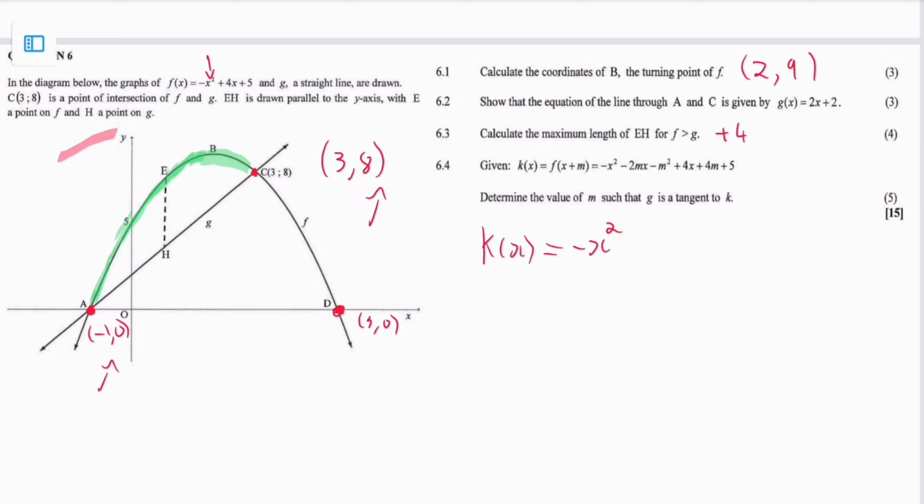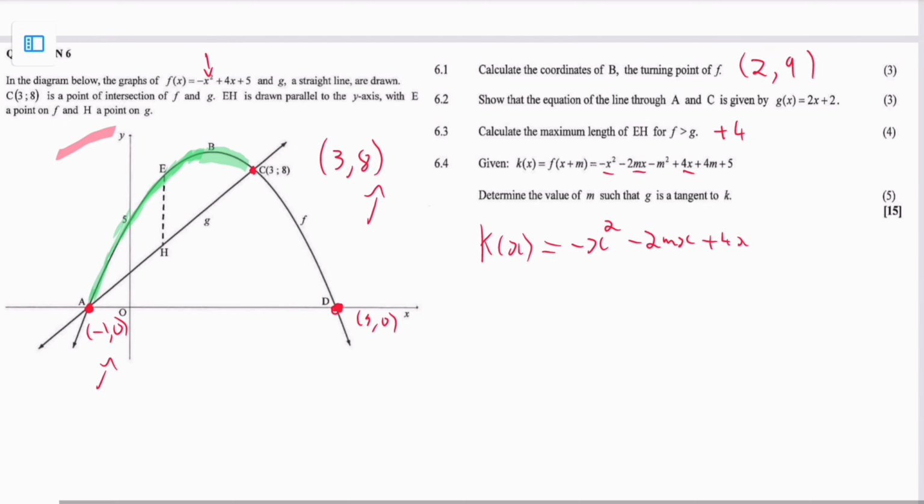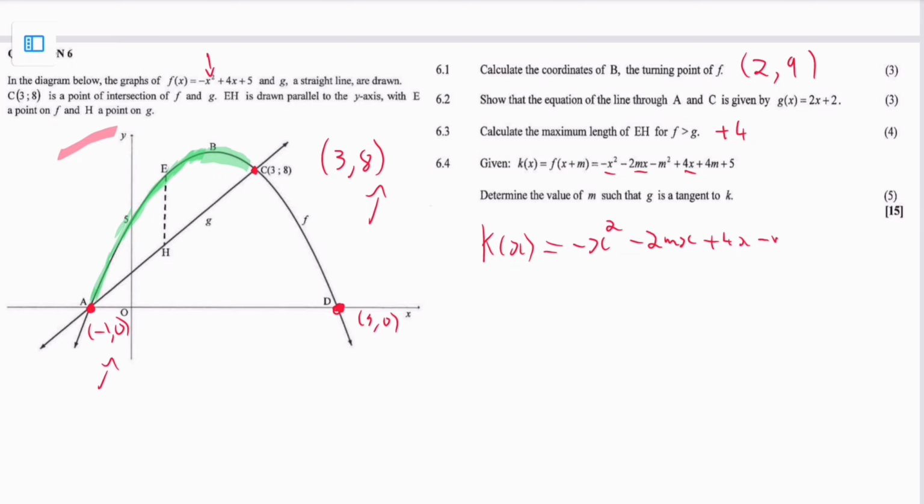We have these two terms with x's in them, so negative 2mx plus 4x. And then negative m squared plus 4m plus 5.